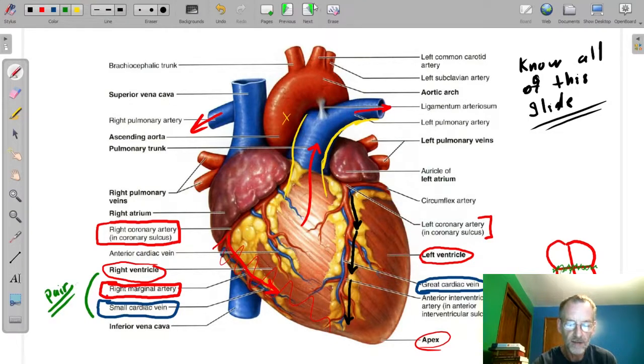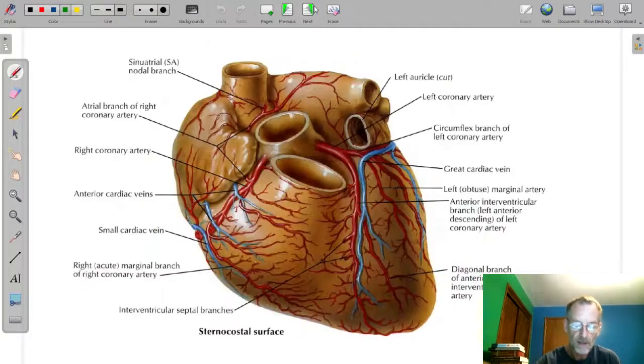So let's take a look at a different figure here. Again, anterior view. Here is the apex of the heart. So this is the left ventricle. That makes this the right ventricle.